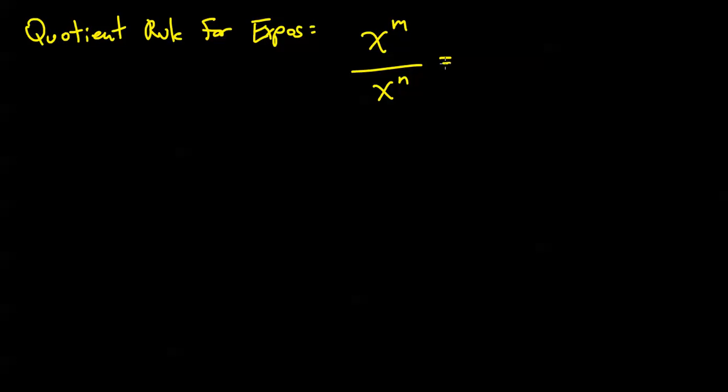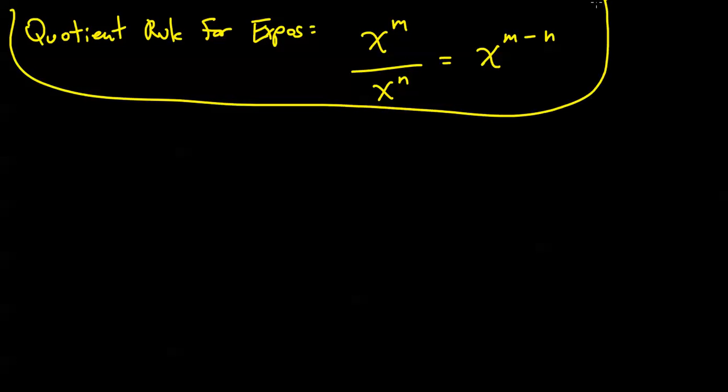Well, you might expect if you multiply the same bases, you can add the exponents, keep the same base, and somewhat similarly for quotients. If you're dividing the same base expressions, you keep the same base and subtract the exponents. So there's another important rule.